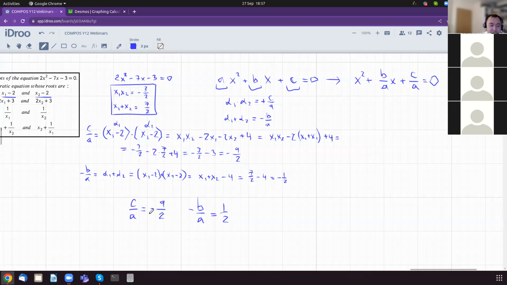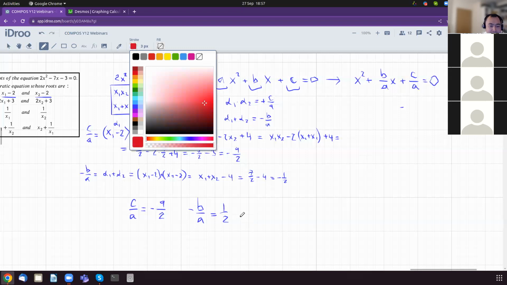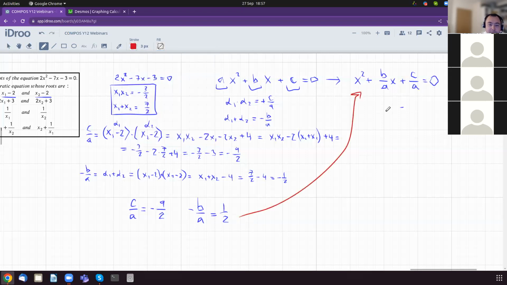Here C over A is minus 9 over 2, and B over A is a half. So x squared plus a half x minus 9 over 2 equals 0. Then we just multiply the whole thing by 2, and we get 2x squared plus x minus 9 equals 0.